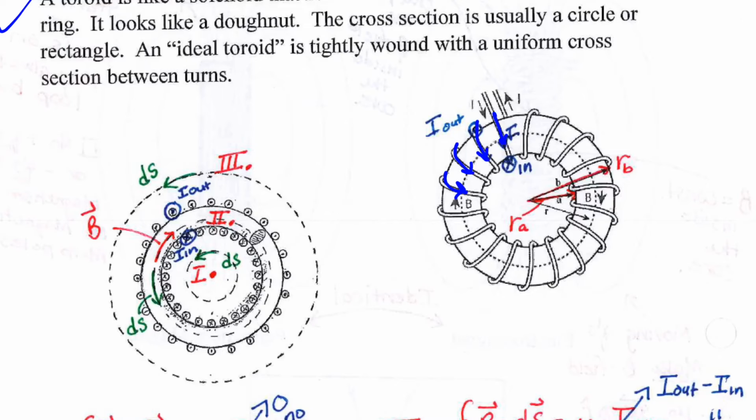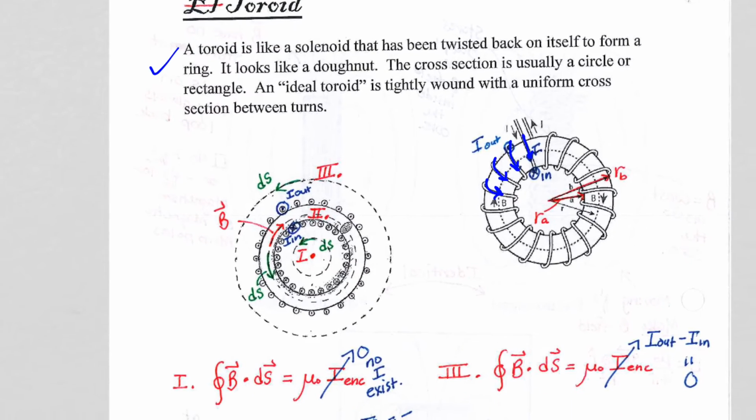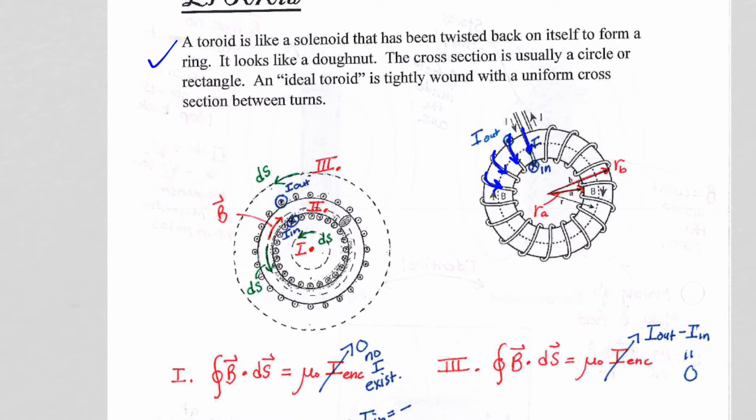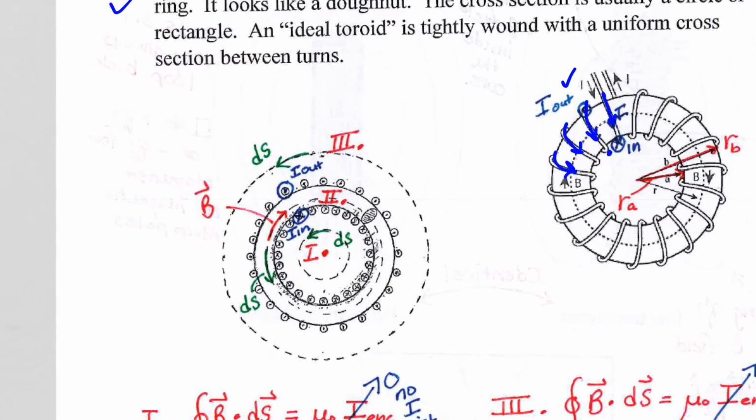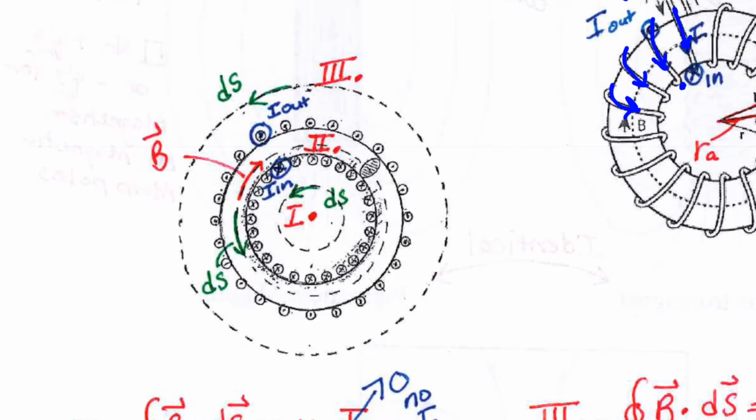The magnetic field for the toroid will be analyzed using Ampere's law. And if you are asked to analyze it, like the solenoid, you want to think of just cutting it in half, looking at the current coming out the outer portion and in the inner portion. We are going to look at 3 Amperian loops.